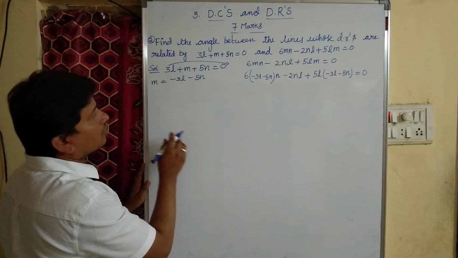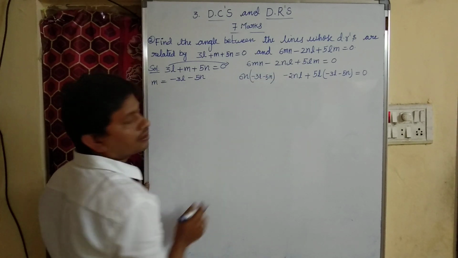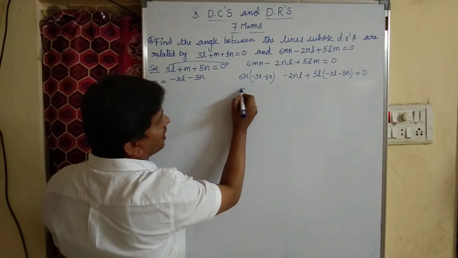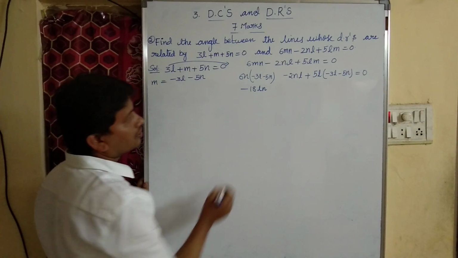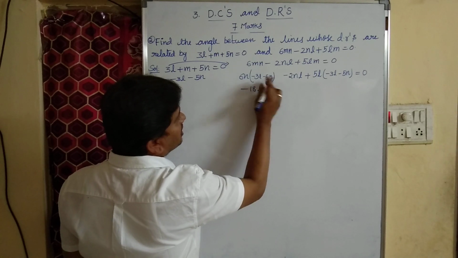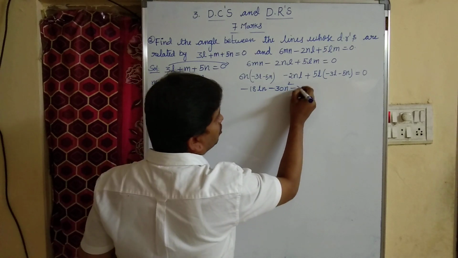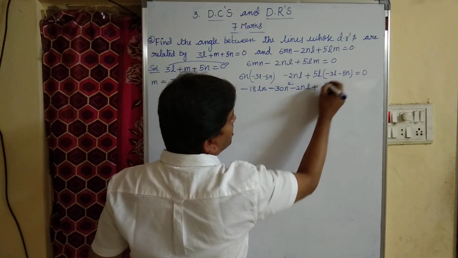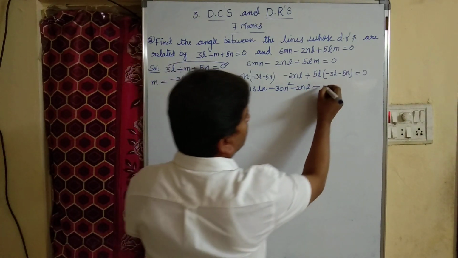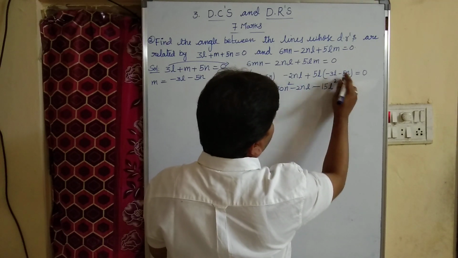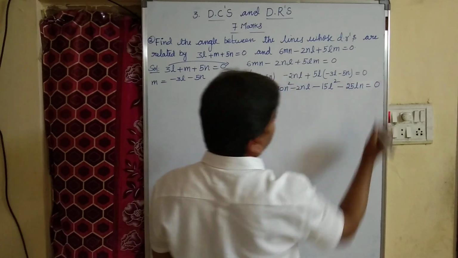Okay. So now, 6 into n, let me write here 6n, plus into minus minus, 6 3s are 18, n into l, nl or ln, plus into minus minus, 6 5s are 30, n into n, n square, minus 2nl as it is, again plus into minus, minus 5 3s are 15, l into l square, plus into minus, minus 5 5s are 25, ln, which is equal to 0.